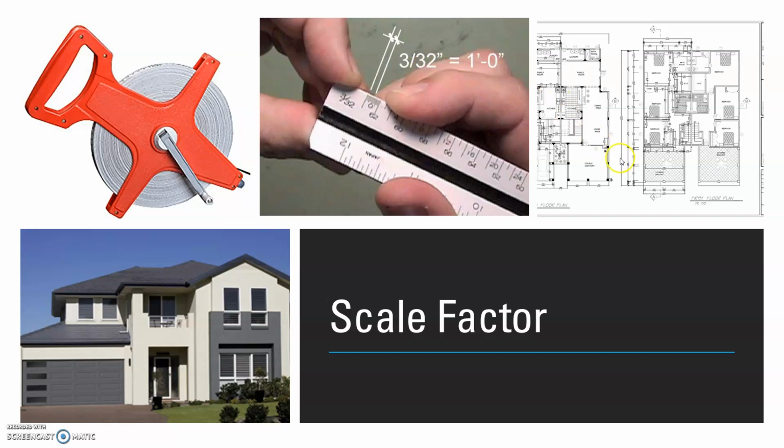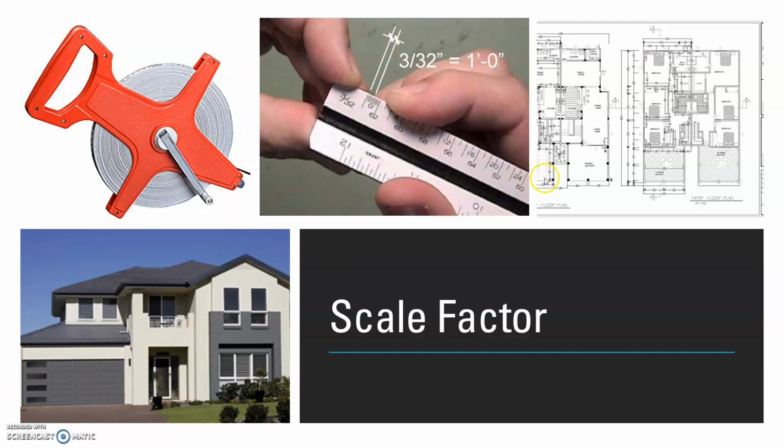So it means that if you measure from here to here using your scale, not by reading the dimension, okay? The dimension is precise. If you go from here to here, by having this scale, you can find the actual size.